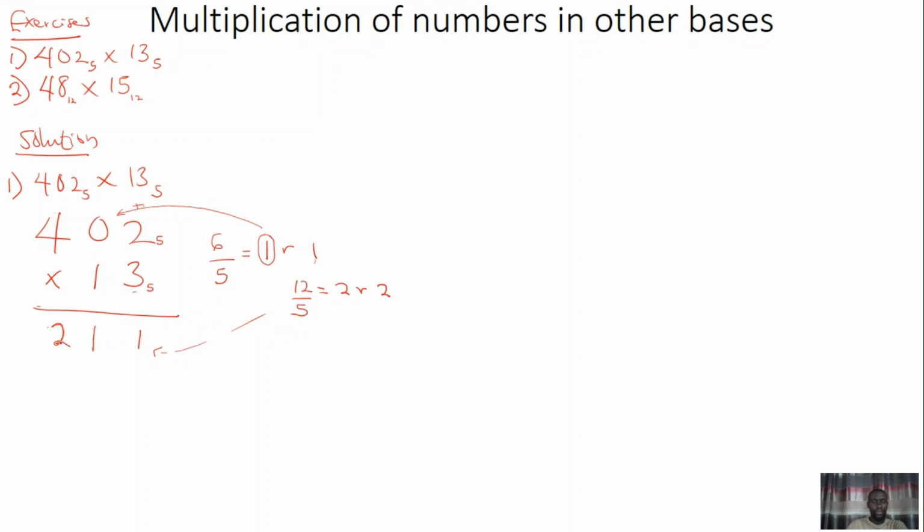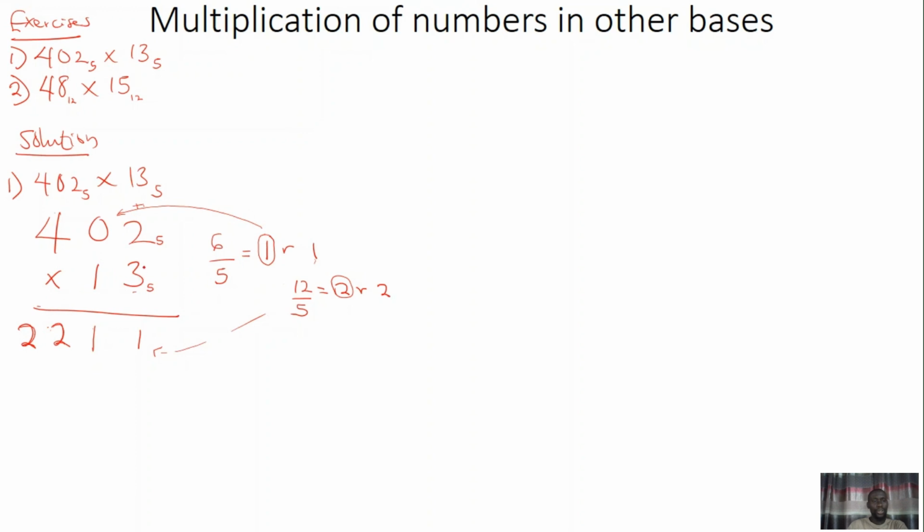Now this 2 here, we're going to hold it and use it in the next multiplication. And since there is no number here for us to multiply with 3, we are going to write the 2 there.